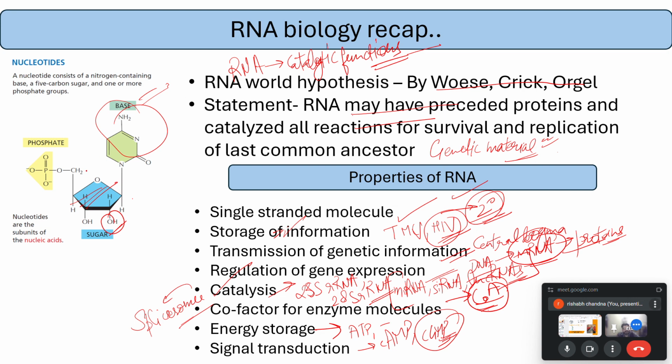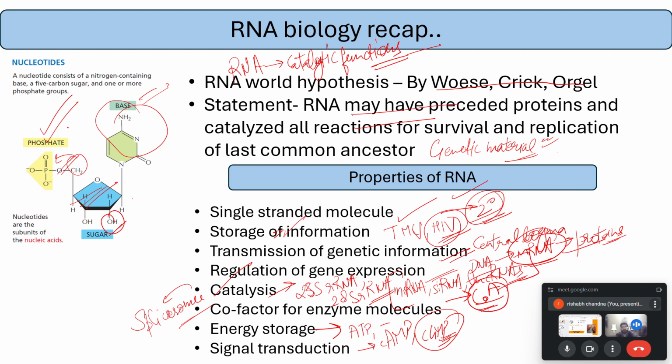The 5' carbon is attached to the phosphate group. So this is the particular structure of the nucleotide. All this we discussed in the last lecture.